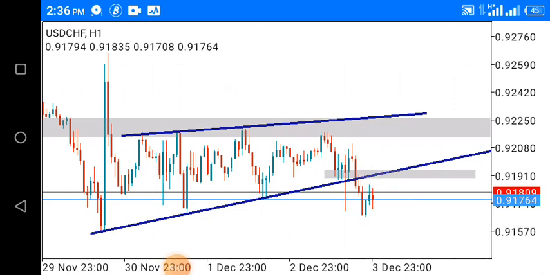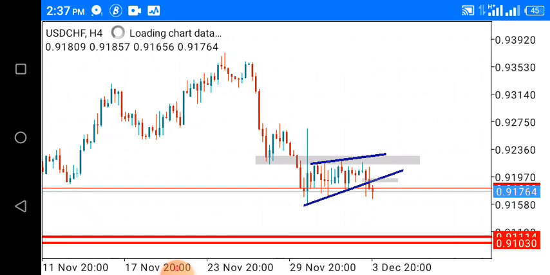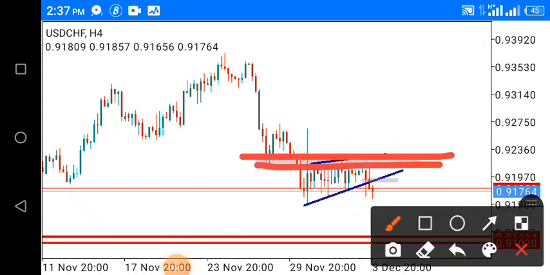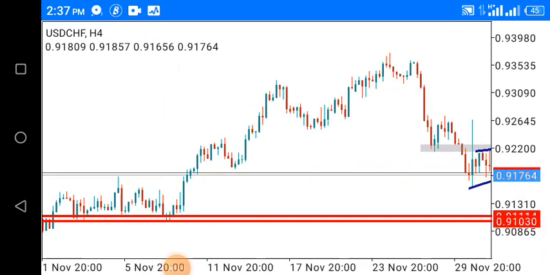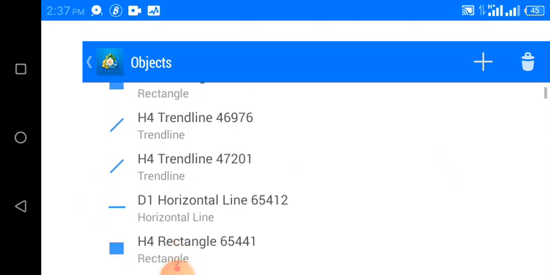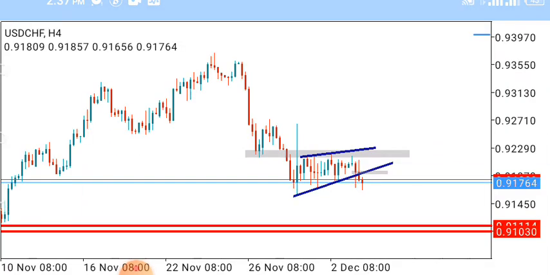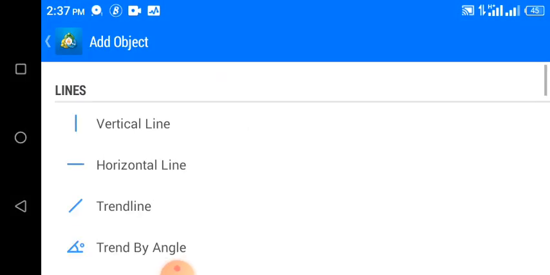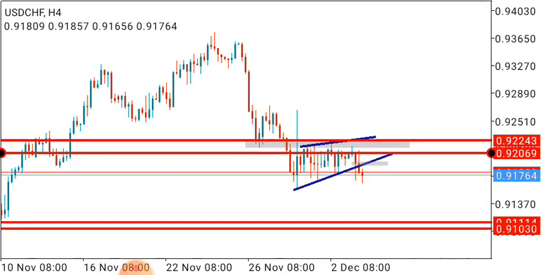Now that was the first rule. Now the second rule is for me to just know where I'm thinking price will go. Note this level that just broke. I normally like to see if it is a very strong level by checking if price has used that level before as support or resistance.